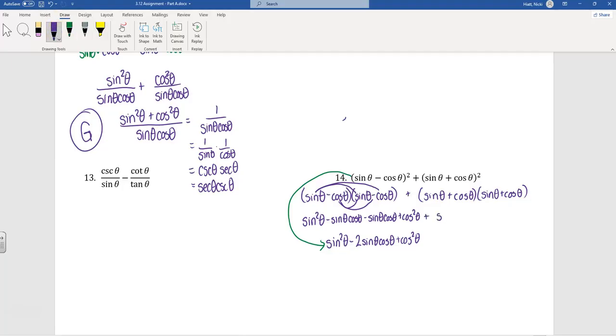We're going to have sine squared theta plus sine theta cosine theta whenever we multiply here. Then we'll have another sine theta cosine theta and then plus cosine squared theta.